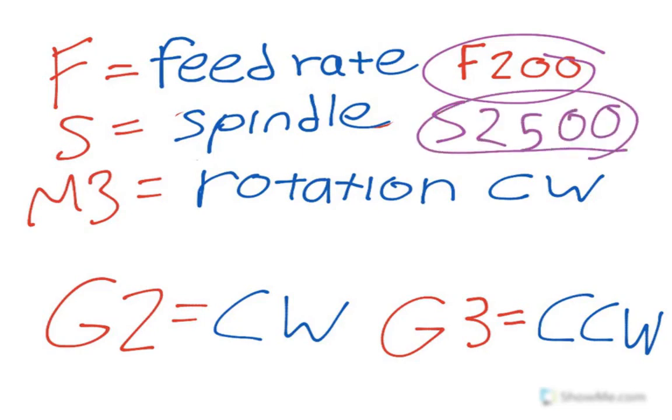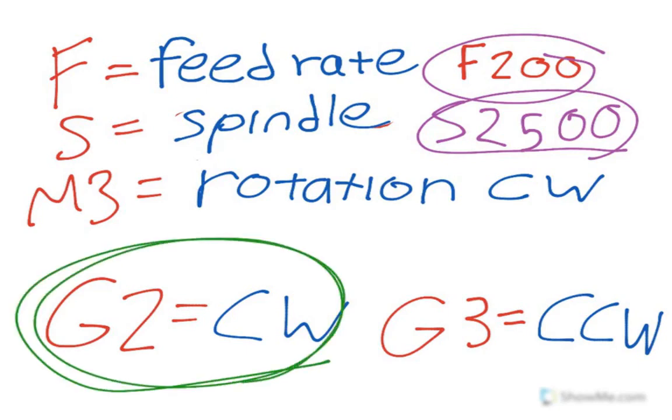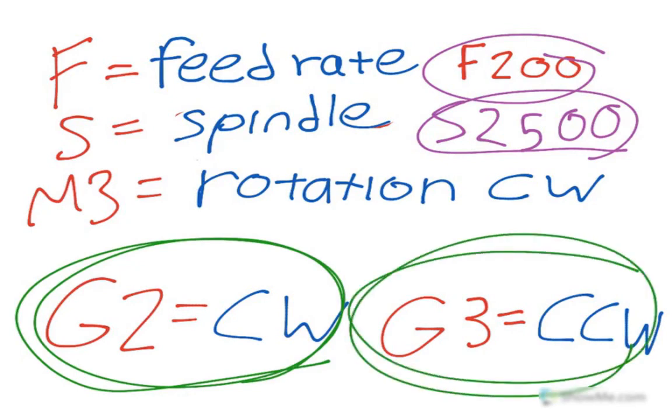Don't worry about actually knowing these speeds just yet, because we'll cover that in another section. Just know that we will have to set the feed rate and the spindle, as well as the rotation of the tool we're going to be using. Two more important things to note are the G2 code, which is to spin clockwise instead of a linear motion, and a G3, which is to go counterclockwise.